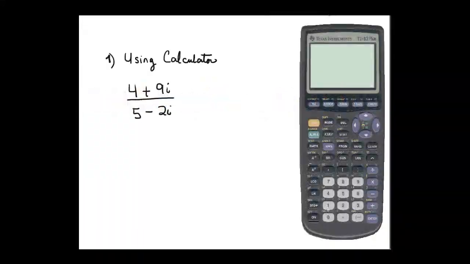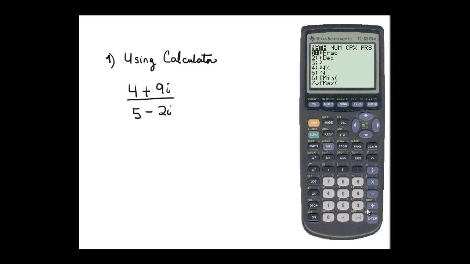Okay, let's solve the same question but using the calculator. On the calculator, you put open parentheses, 4 plus 9i, the i is here in this key in the decimal, but you press second, close the parentheses, division, open the parentheses, 5 minus 2i, close the parentheses, press enter, and the answer is first in decimal, and you change to the fraction.